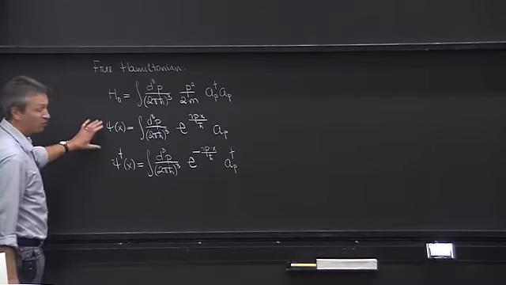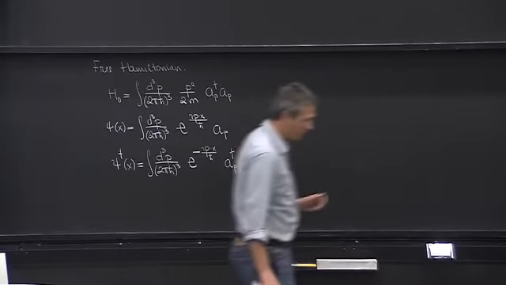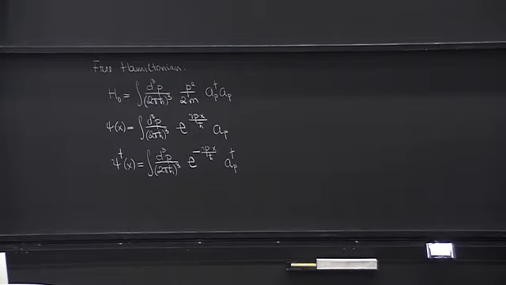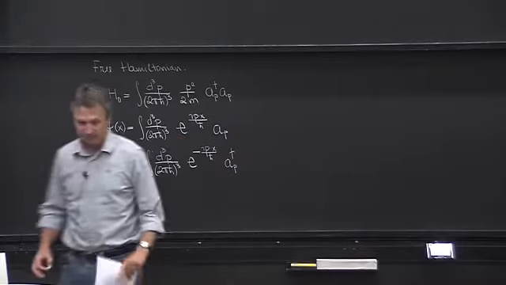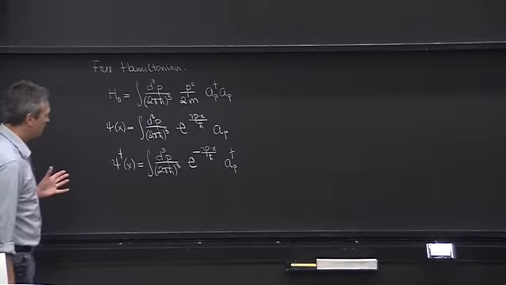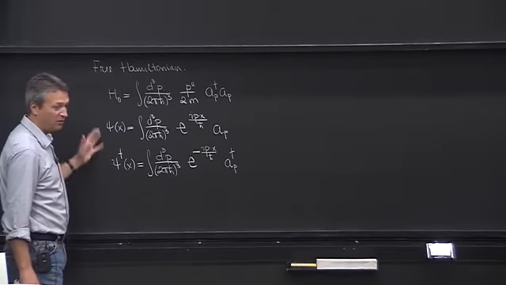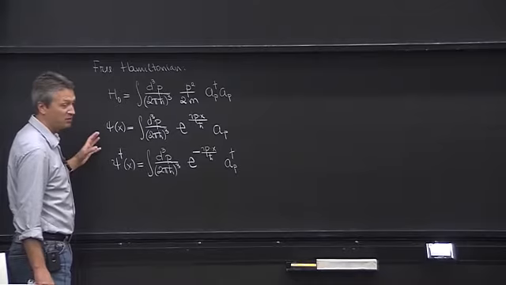So this operator is called the field operator. This is how quantum fields arise in this multi-particle problem. So what's the physical meaning of these operators? The physical meaning is that they create and annihilate particles at a given point in space, right?